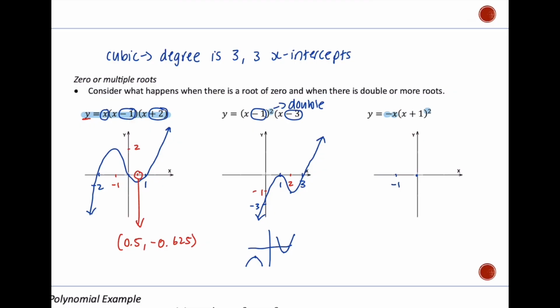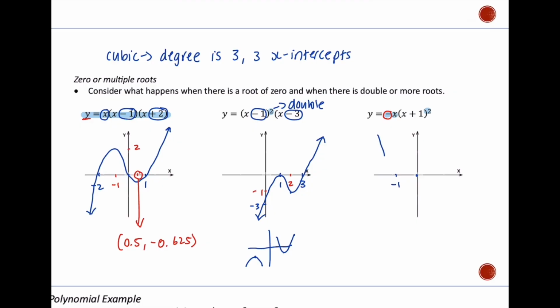I just need to know if the vertex is going to be facing this way, or this way. To do so, I'm going to test a point between these 2. Another way I can tell is that I've got a negative coefficient, and with negative coefficients, I'm always heading towards the left. So I know that my graph is going to be in this direction here.